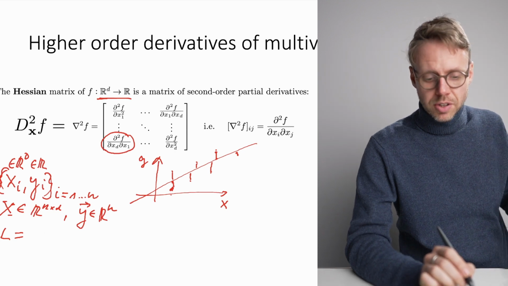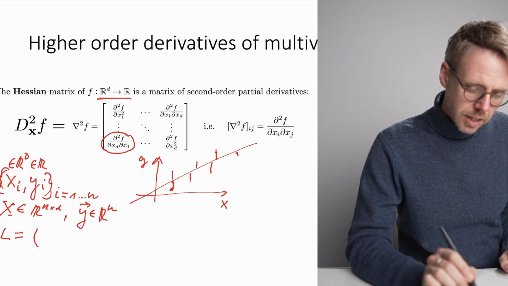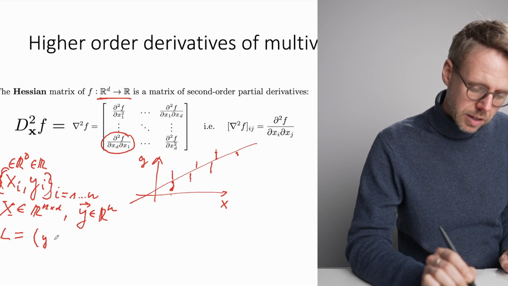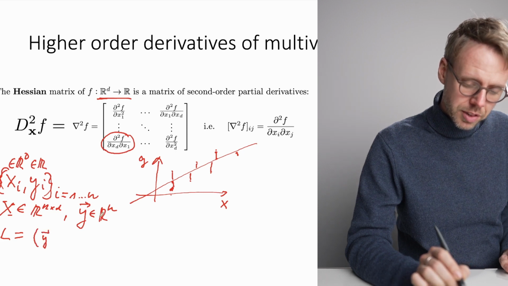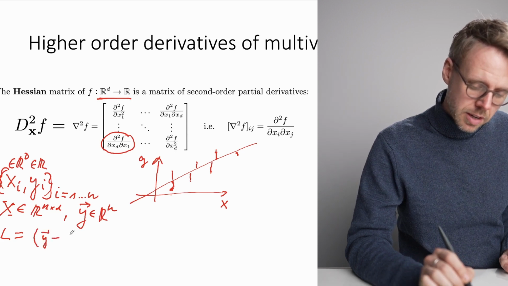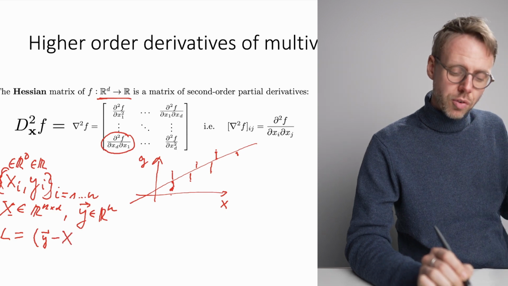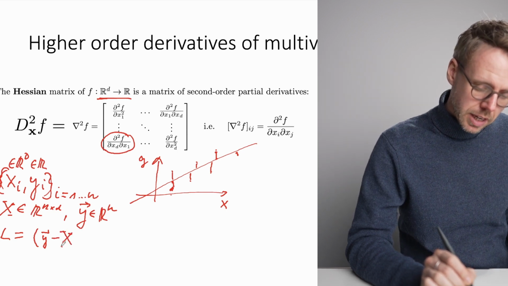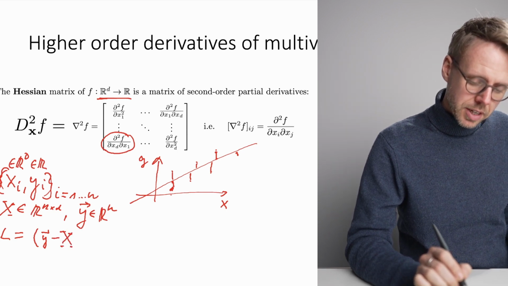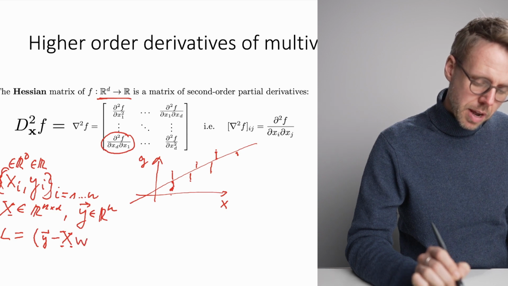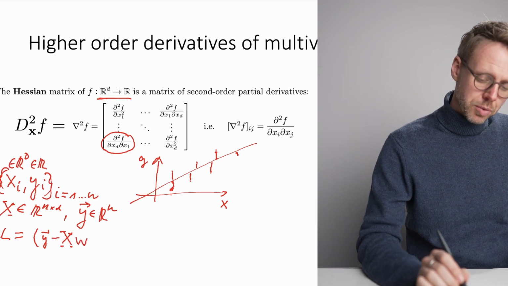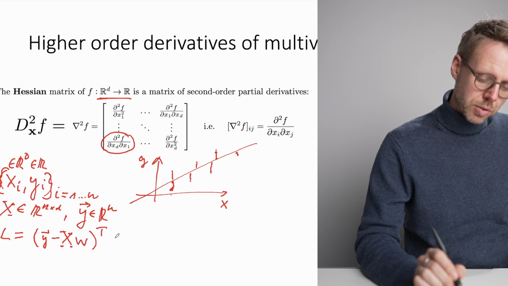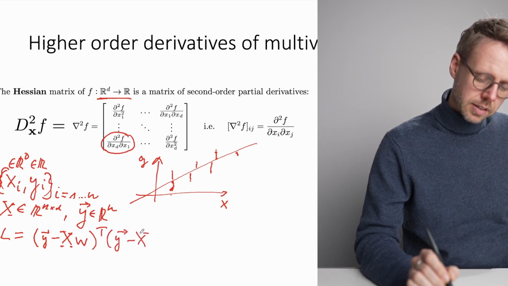Or in vector notation, we can write this as follows: y, the vector of all these y values, minus the vector of all our predictions, which is given by our matrix x times our parameter vector w, transposed, times y minus x w.